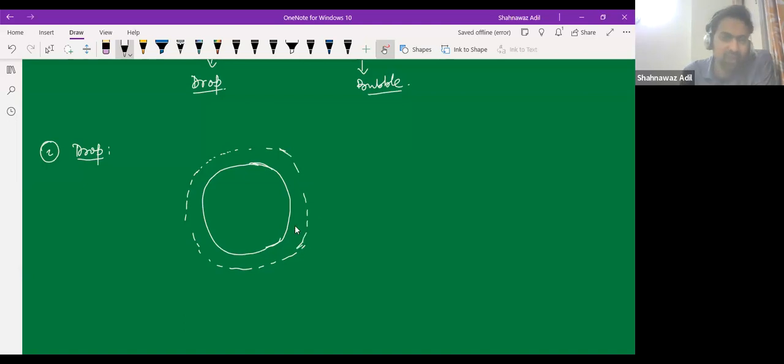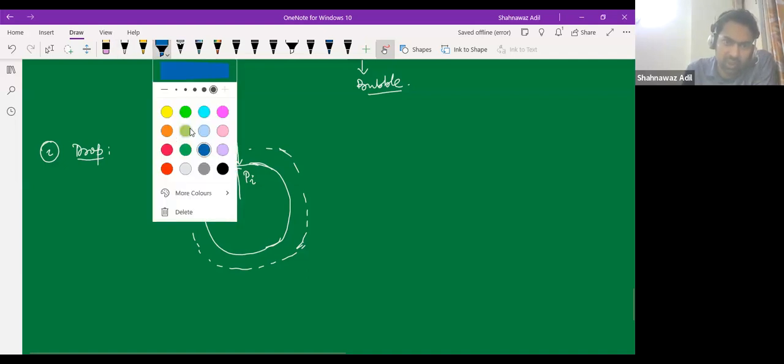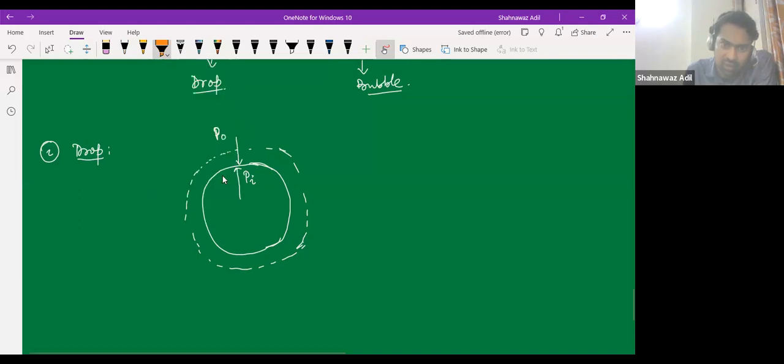But you guys can already tell me that this is the pressure inside, this is the pressure outside. Which one is the concave one? Which one is the convex one, guys?